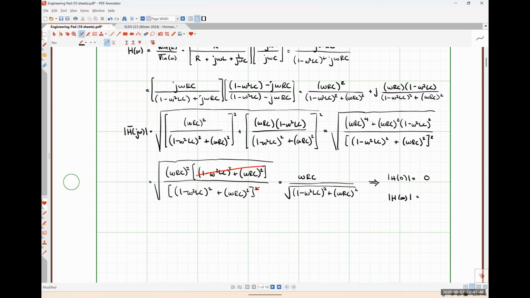The square root of infinity to the fourth power is infinity squared. So essentially, we have infinity over infinity squared, and infinity squared is much larger than infinity, so it also looks like 0. At very low frequencies, we don't pass any signals. At very high frequencies, we don't pass any signals. So presumably, we're just passing the stuff in the middle, which is exactly what we would expect out of a band pass filter.